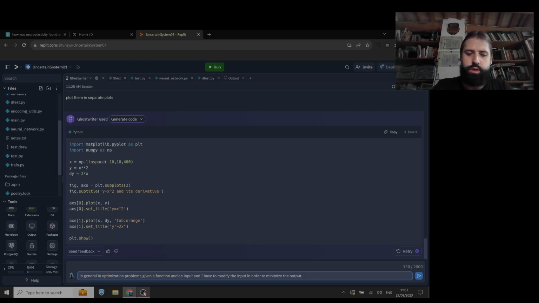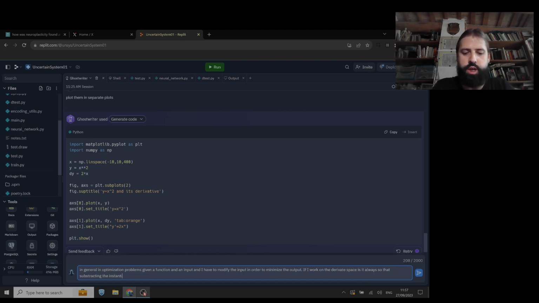So if I work on the derivative space, right? Is it always so that subtracting the instantiated value, the same input on the derivative, is the right thing to do?